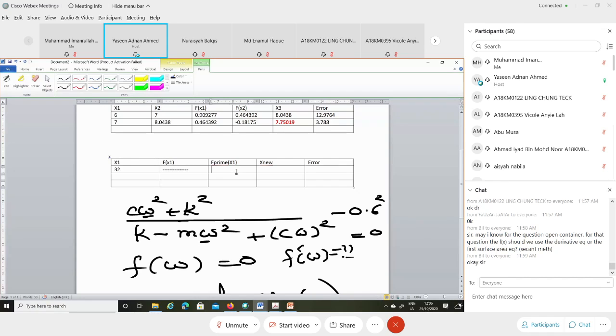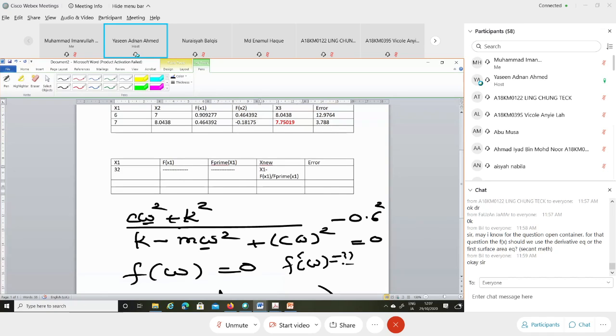After you get the f prime, substitute the 32 in that expression, and you will get x new. x new will be x1 minus f of x1 divided by f prime of x1. Please do it by yourself. The difficulty is the derivative, and the error will be straightforward: x new minus x1, divided by x new.